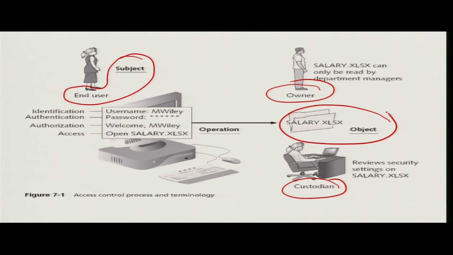Then the end user might identify herself as Mweli and then authenticate by using a password or some two-factor authentication. Authorization will then go through the password control mechanism, like hashing the typed-in password and matching against the hash, and it welcomes, and that is the authorization process.